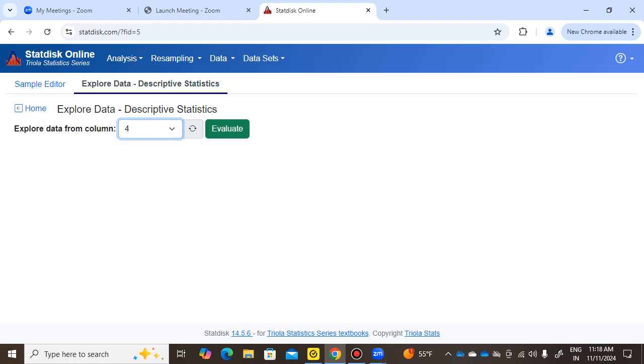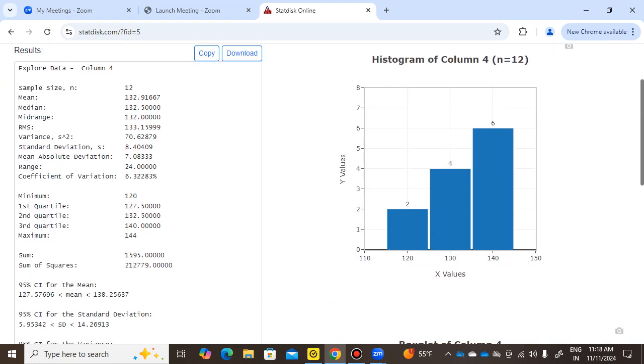Column 4. Mean is equal 132.92. Median is equal to 132.5. And mid-range is 132. Right. So your center is around 132 or so.